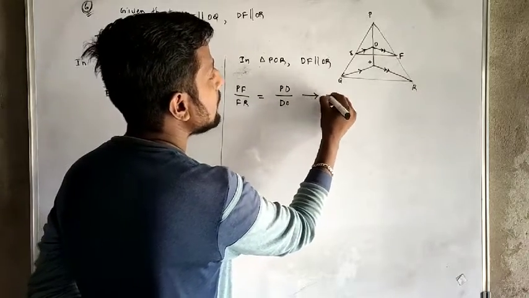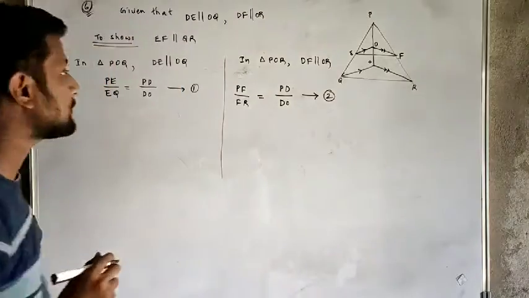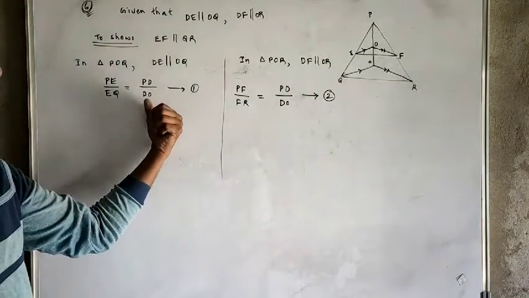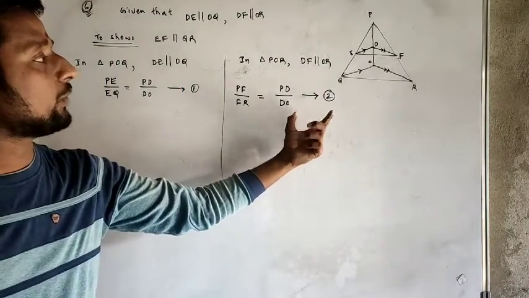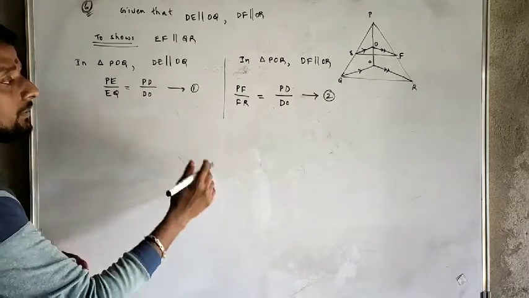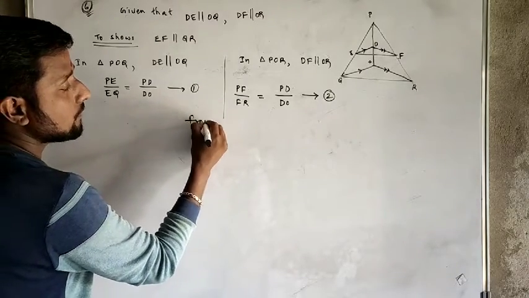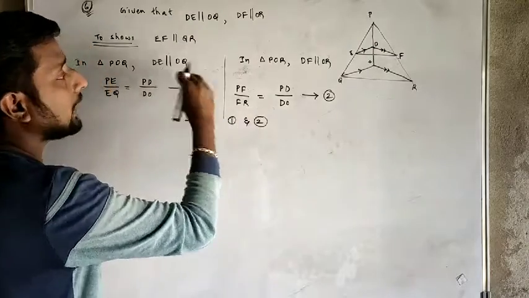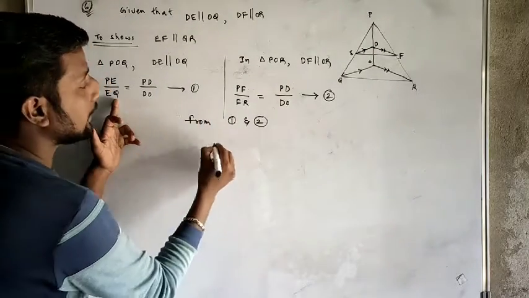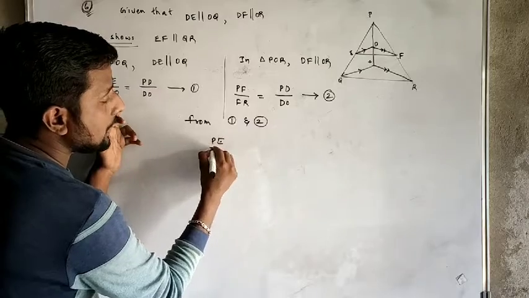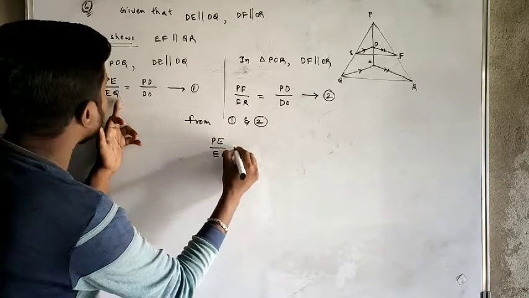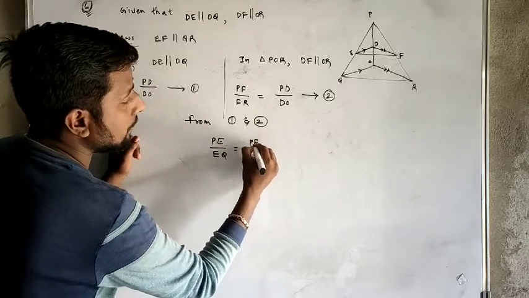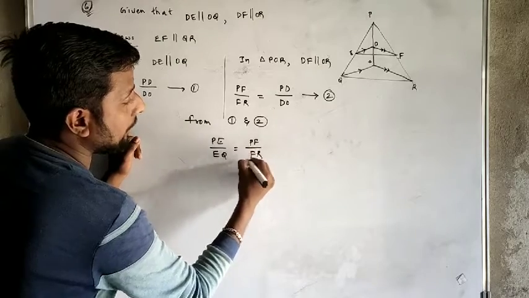This is our equation 2. If you start observing equation 1 and 2, look at PD by DO, yes. So simply I'll write from 1 and 2, if you neglect the RHS parts, then we'll write PE by EQ is equals to PF by FR.